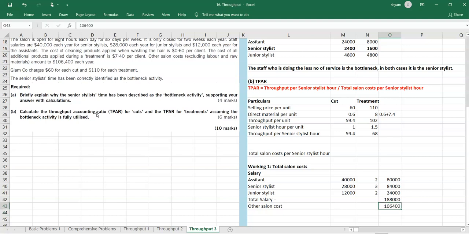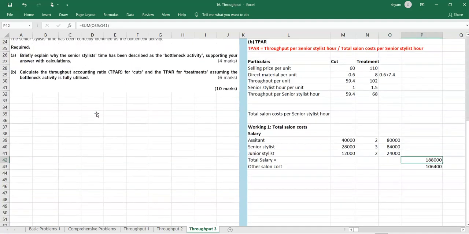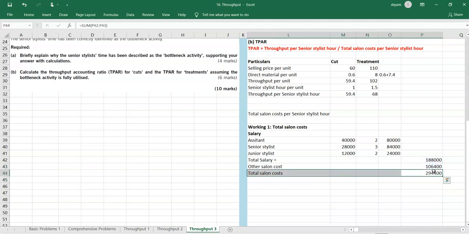Finally we'll get the total salon cost. We can put it as total factory cost or total salon cost. However we do it, we get the same answer. So total salon cost is 2,94,000.